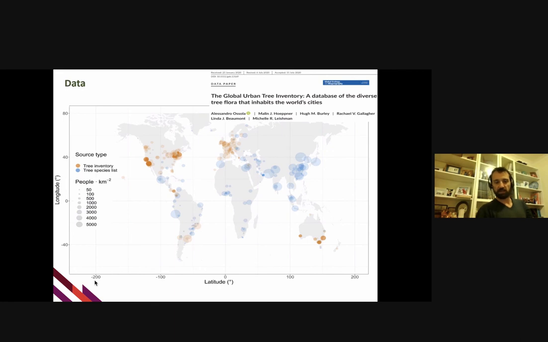Painful in the way that, as you can see, the collection has been divided in 2 main streams. One related to real tree inventories, mostly accessible through open data sets that are published by city councils or regional governments.